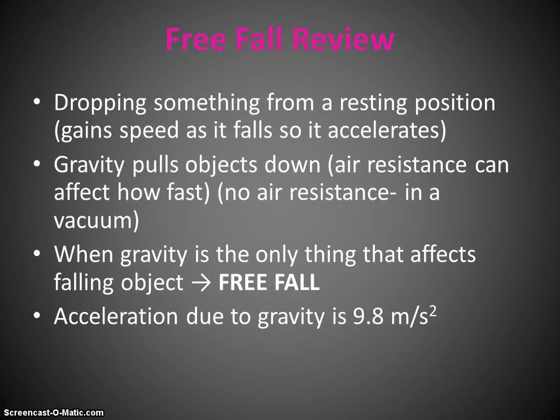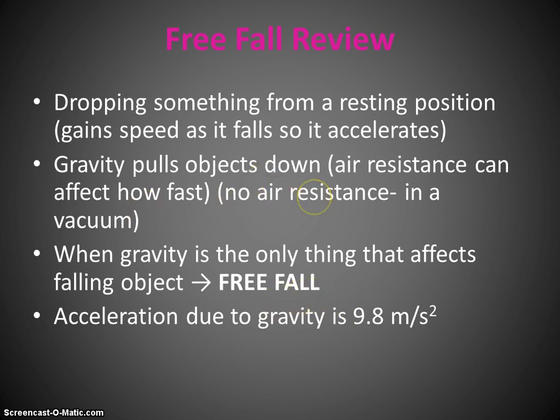So let's see what we've learned here. Dropping something from a resting position, it's going to accelerate as it drops, right? It accelerates on Earth at 9.8 meters per second squared. Gravity's pulling those objects down. Air resistance can affect the rate at which it falls, right? Air resistance is that fluid friction. If there's no air resistance, then there's not going to be that effect, and it will be precisely 9.8 meters per second squared.